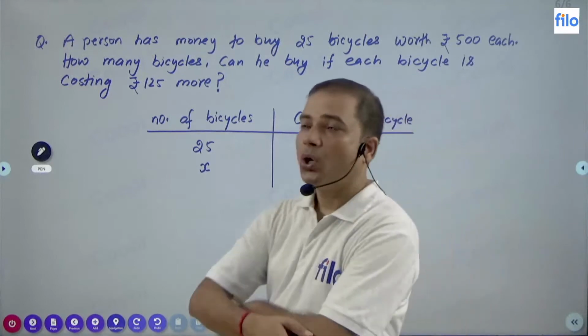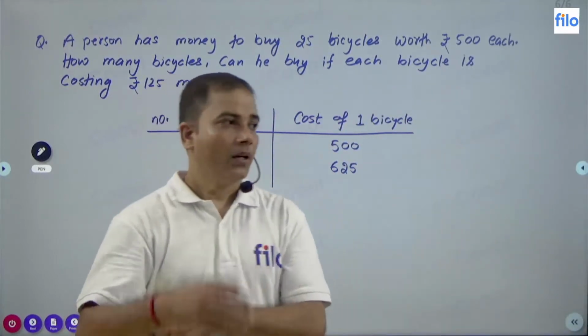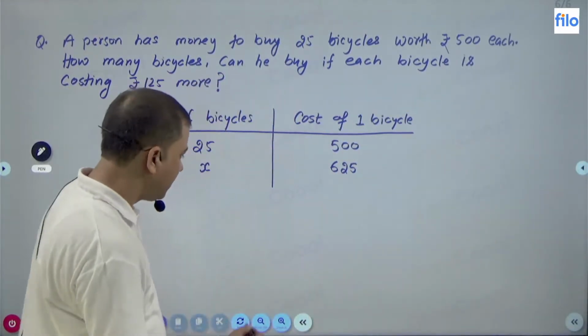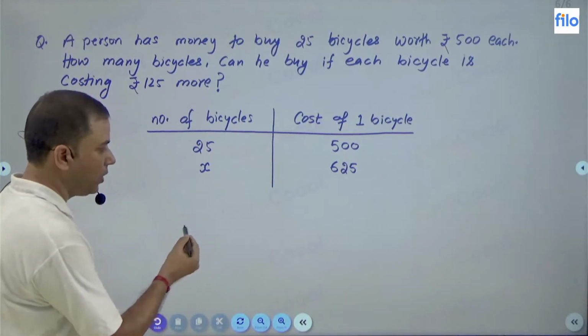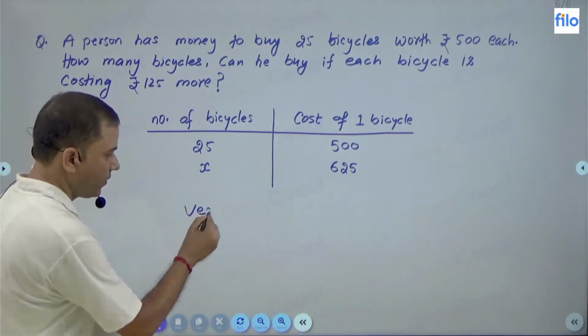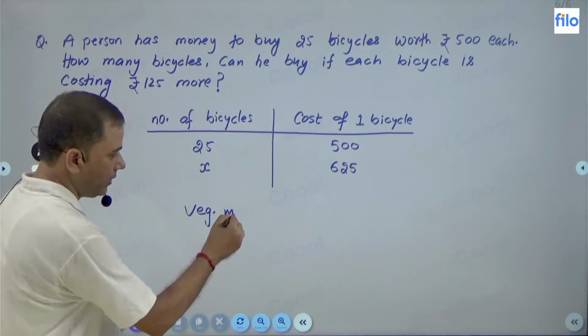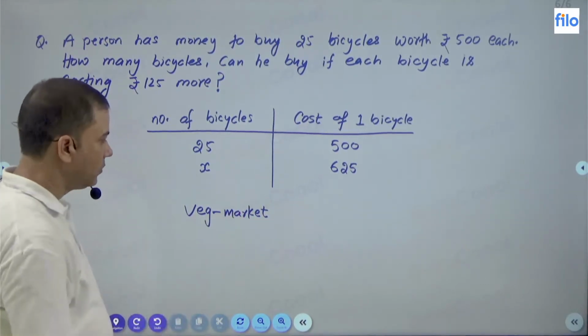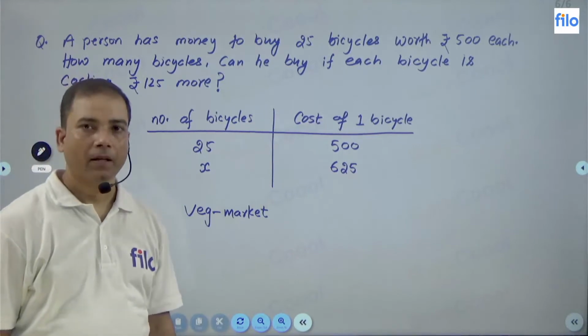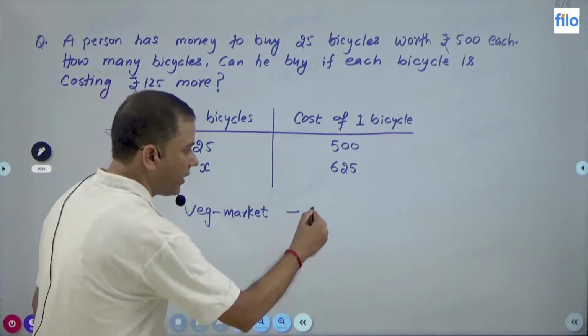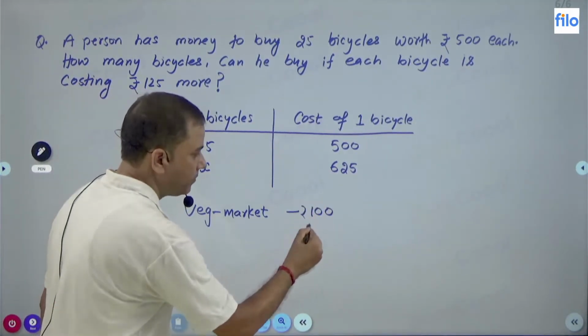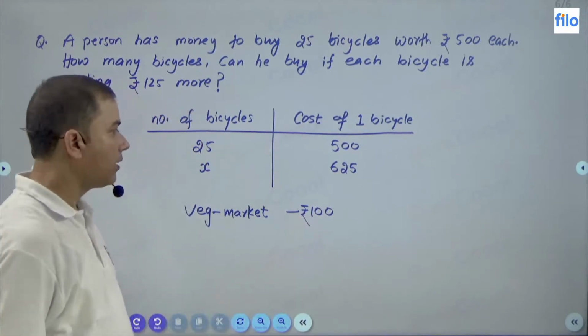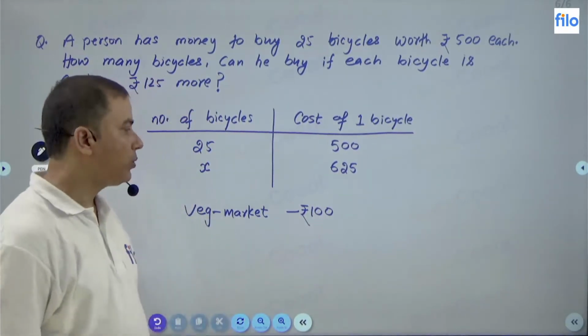I'll give you another example to understand this. Suppose I go to a vegetable market and I want to buy potatoes.